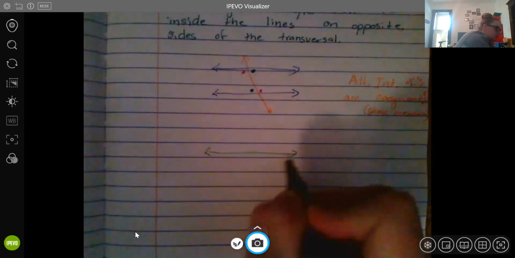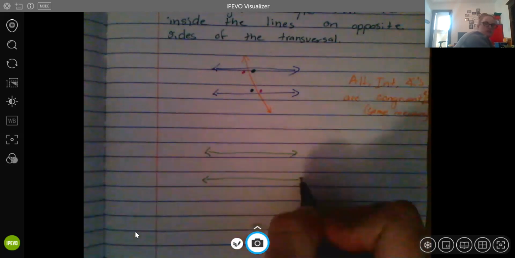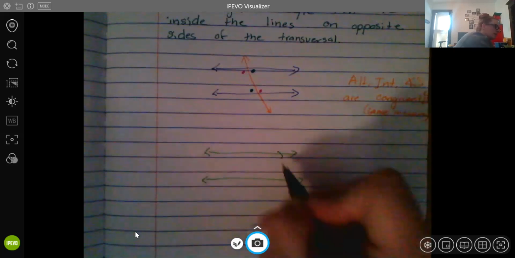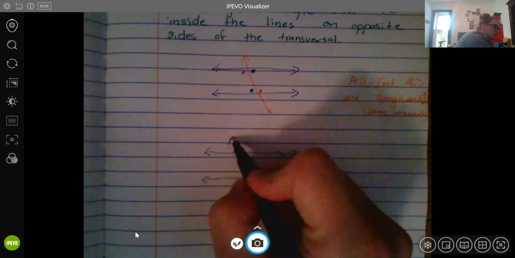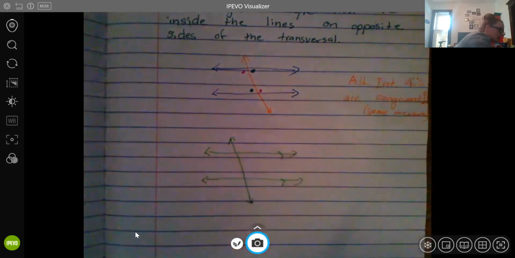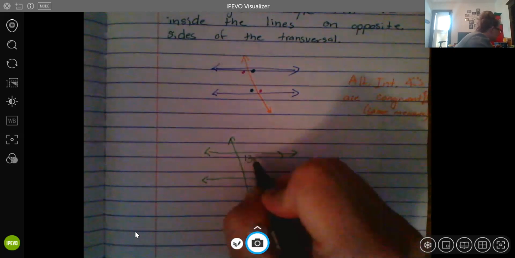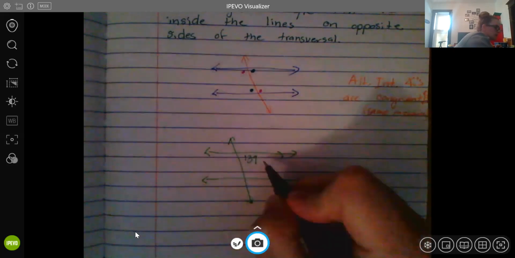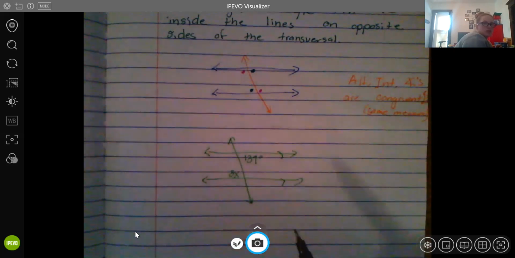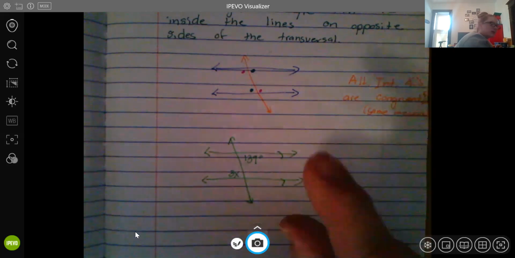So I have my 2 lines, and this orange statement, remember, is only when it's parallel lines. So my lines are parallel. I'm going to toss a transversal in there. All right, so this one is going to be 139 degrees. And this is 3x. So they are alternate interior because they're on opposite sides of my transversal and they are inside my parallel lines.